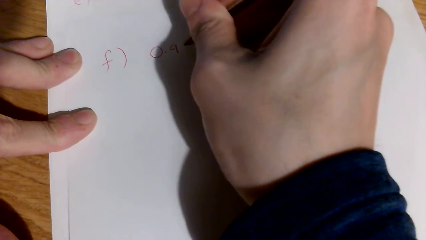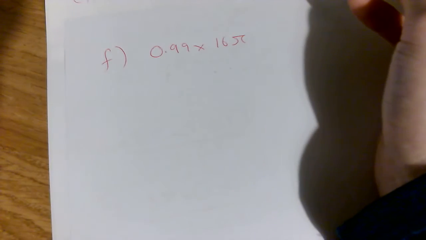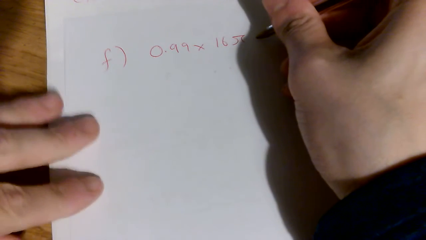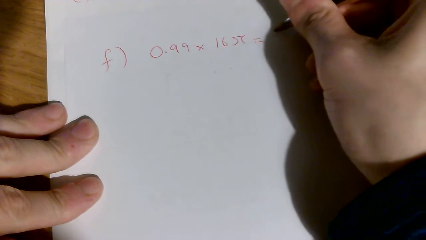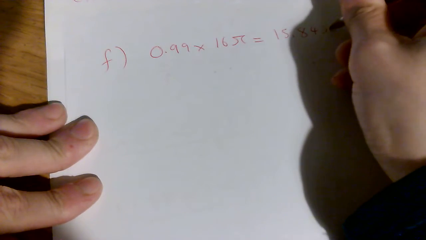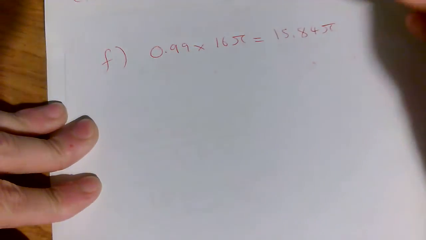So if we do 0.99 times 16 pi, that is going to give us the total area of the circle we're looking for, which is 99%, which is 15.84 pi.